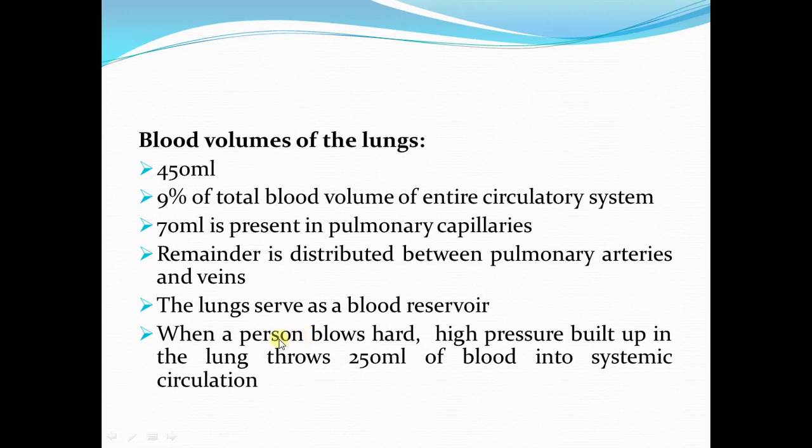For example, when a person blows hard, for example, while blowing a musical instrument like a trumpet, high pressure is built up in the lungs, and this high pressure throws an extra 250 ml of blood into systemic circulation.